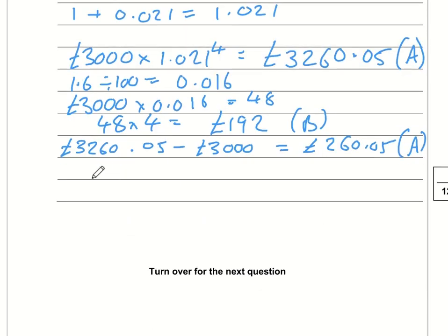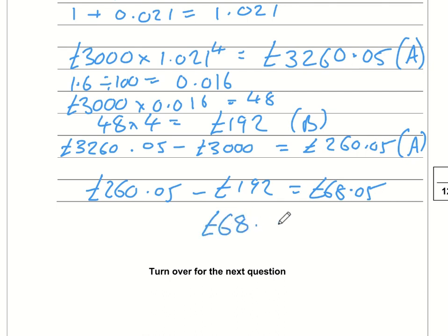Well, probably will be, but let's just confirm that, shall we? 260.05 minus 192 is £68.05, and we can therefore say, well, I don't think we need to say this, but £68.05 is greater than £65.